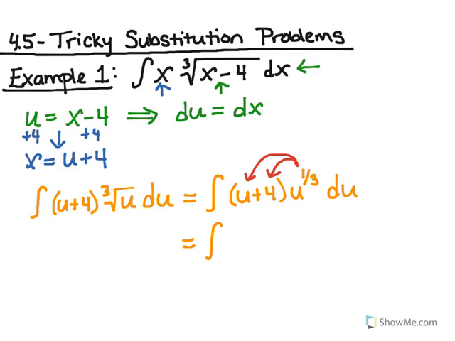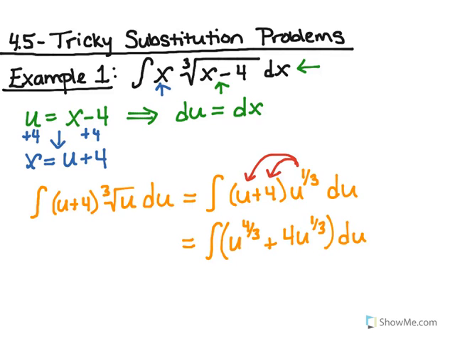So u to the first times u to the 1/3 is u to the 4/3. And then 4 times u to the 1/3 is 4u to the 1/3. And then I have a du at the end.